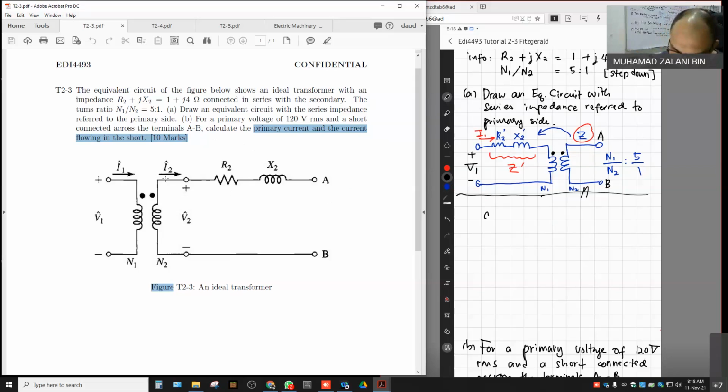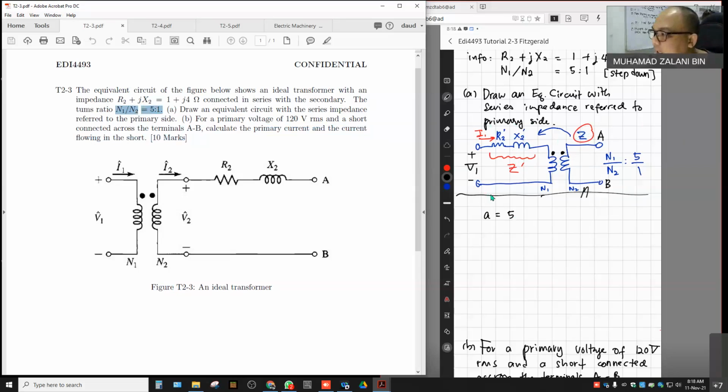That turns ratio A is 5, right? The turns ratio is clearly given here, which is 5. So this Z is referred to become Z prime, 5 times greater. Can you get it?